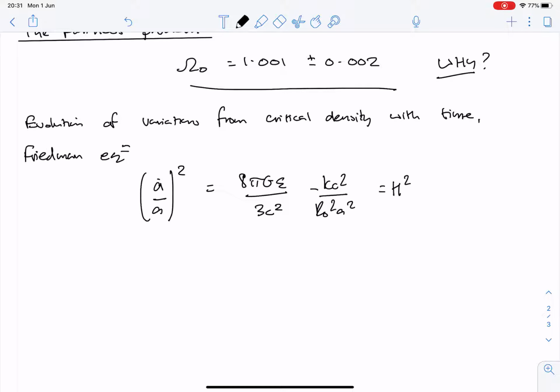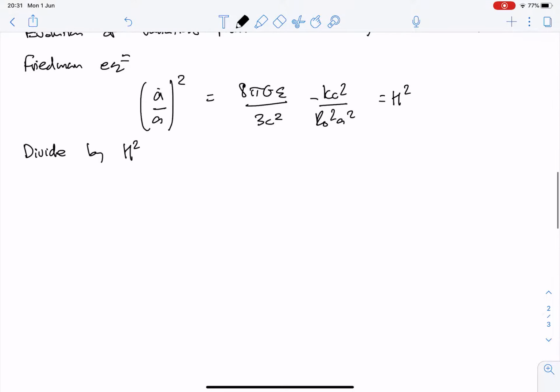So that's what the Friedmann equation looks like. I'll just start off by dividing this by H squared. And I just end up with 1 equals 8 pi G over 3c squared H squared epsilon minus kc squared over R naught squared a squared H squared.